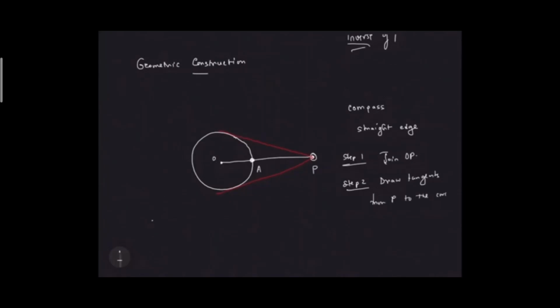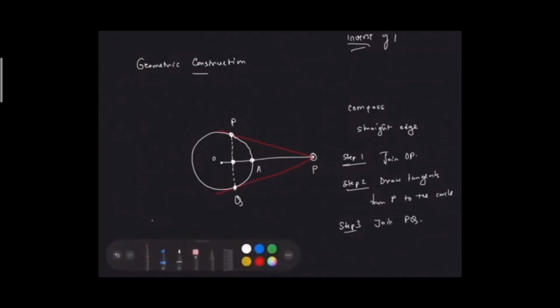This will work only if P is outside the circle, but this process can be modified so that it works for points inside the circle. So draw the tangent from P to the circle, and let us call the point of tangency Q.